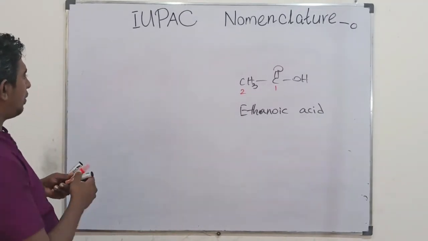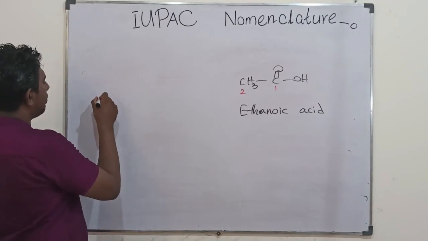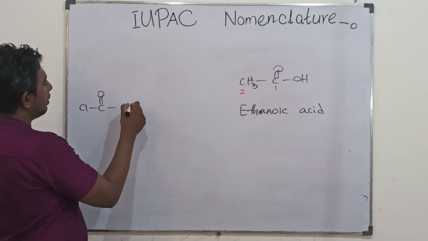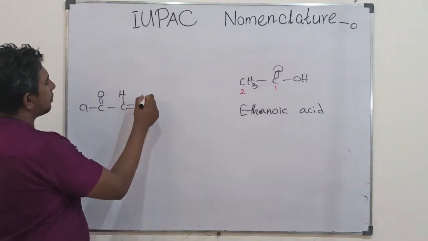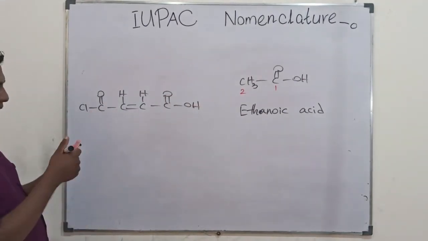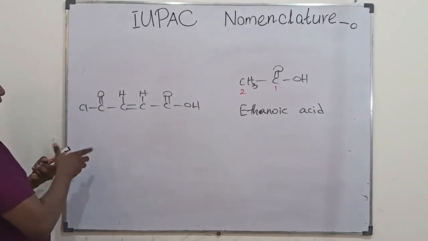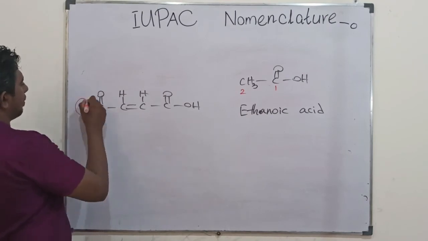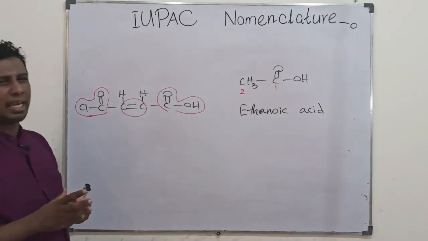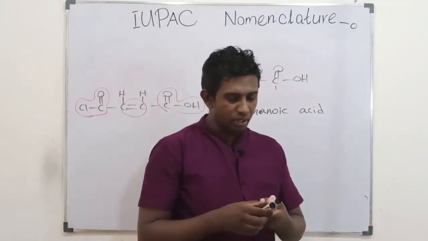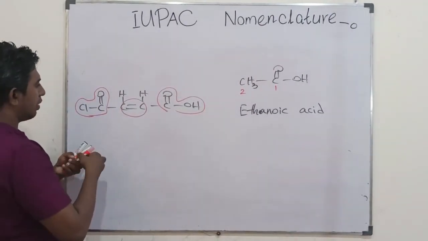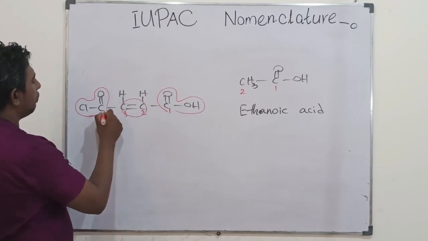Then students, I will give you another example. It's this Cl. This is an acid halide. This is a carboxylic acid. This is an alkene. Carboxylic acids are prominent. Then students, you have it being 1, 2, 3, 4.